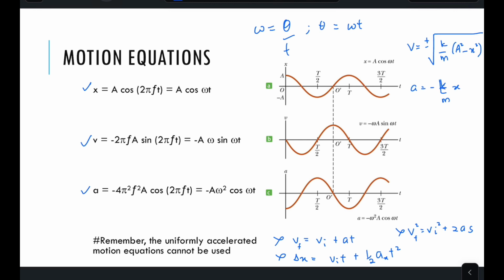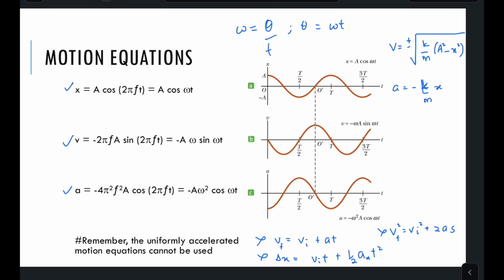Either you use this or the sinusoidal wave function like this. All the 5, the 8 equations, the common linear kinematics equations for uniform acceleration or average acceleration, cannot be used here, because our a is not uniform, it keeps on changing.